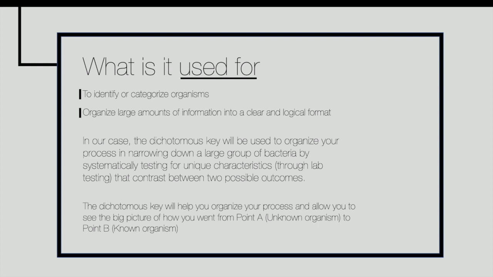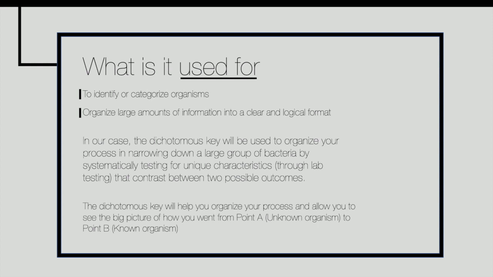As you will be going into your unknown project, you'll be accumulating a lot of different tests, test results, and your own interpretation of those tests. And that amounts to a lot of information being amassed.